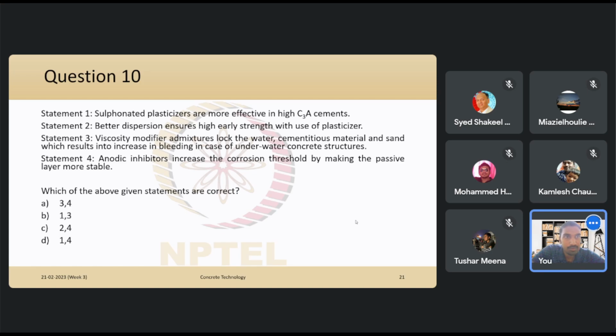Okay, there is a 50-50 situation. 2 votes for option B, 2 for option C.